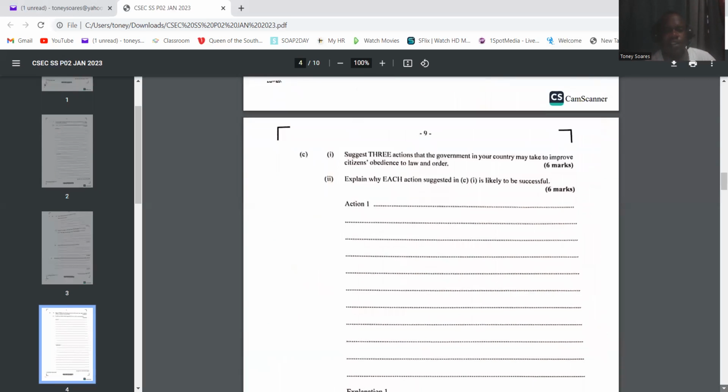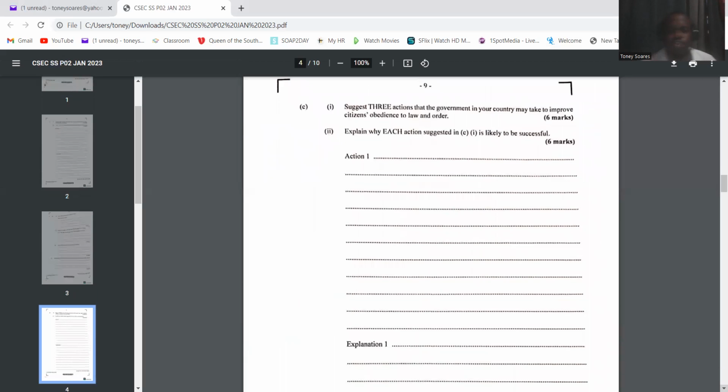CI now said, suggest three actions the government in your country may take to improve citizens' obedience to law and order. Explain why each action suggested in CI is likely to be successful. Again, you're going to state each of your actions. So after you state action one, then you give the justification or explanation one.